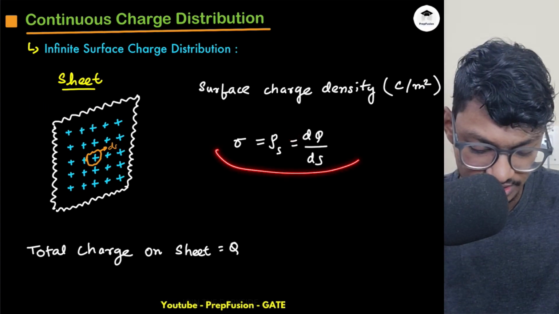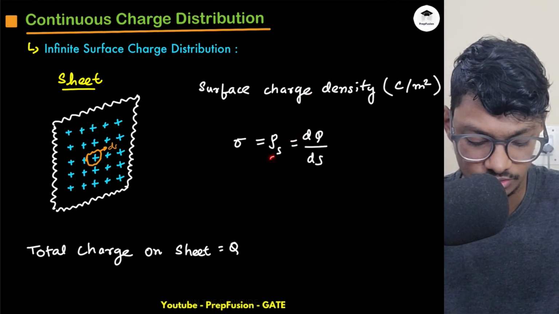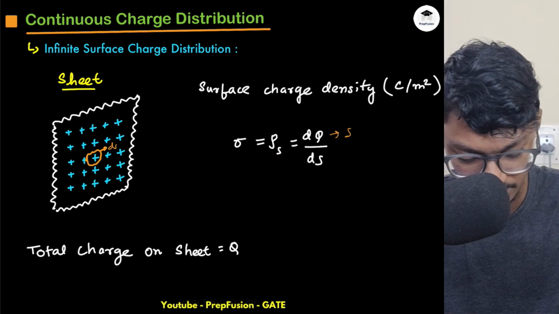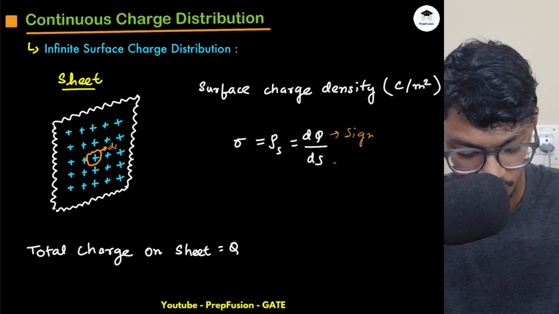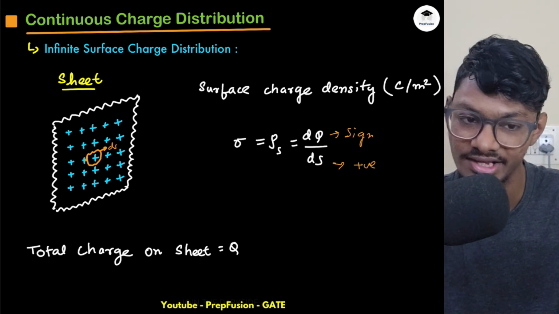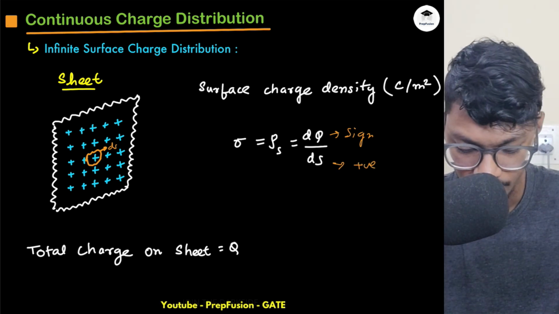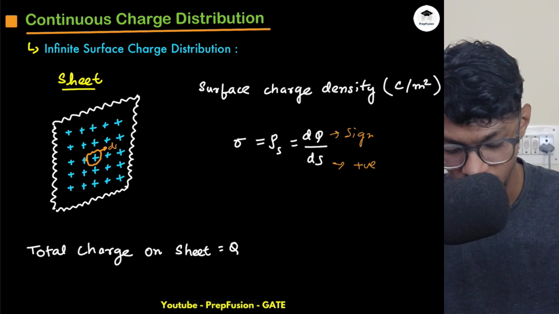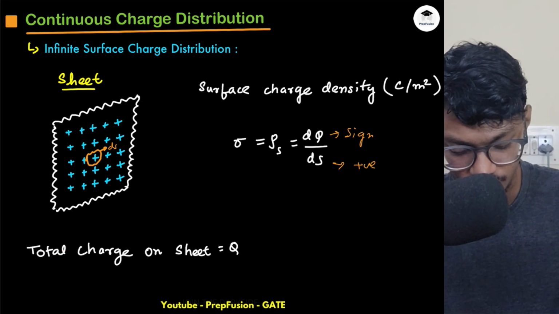The surface charge density is defined like this: sigma equals rho s equals dq by ds. This dq will always be with sign, remember, and ds will always be positive, because area cannot be negative. For now, if it is infinite, I cannot tell the total charge on the sheet. If it is finite, this will be the total charge.